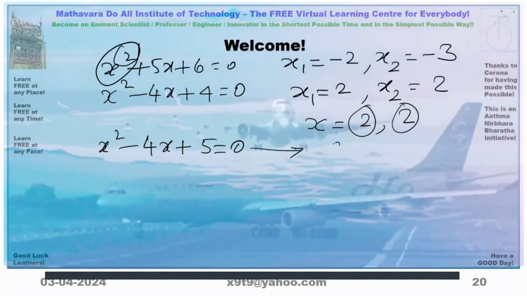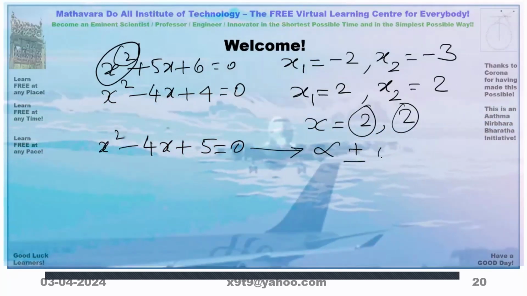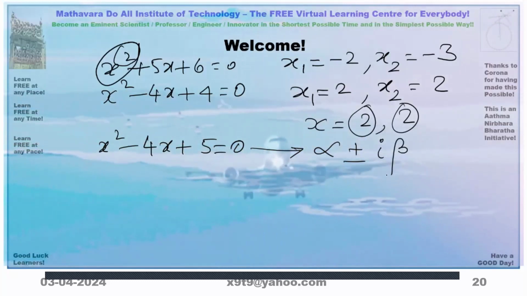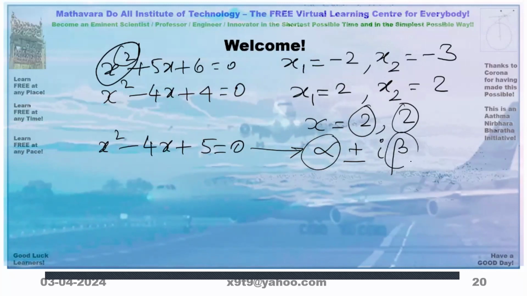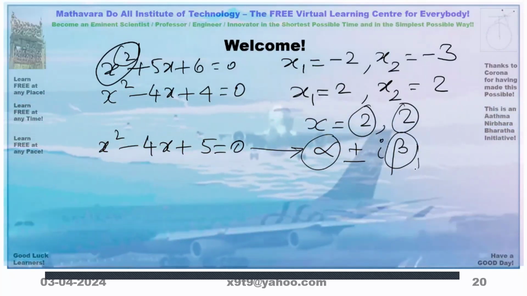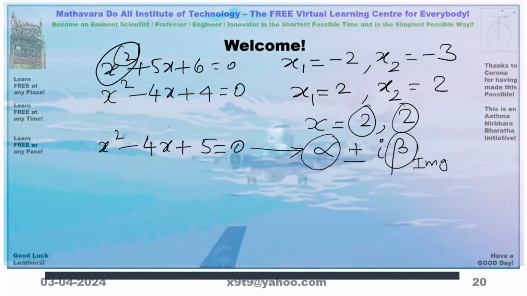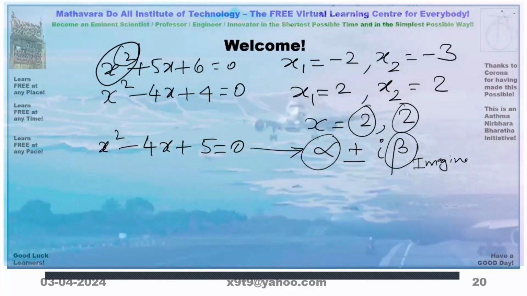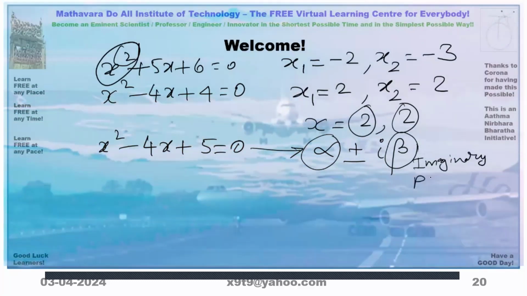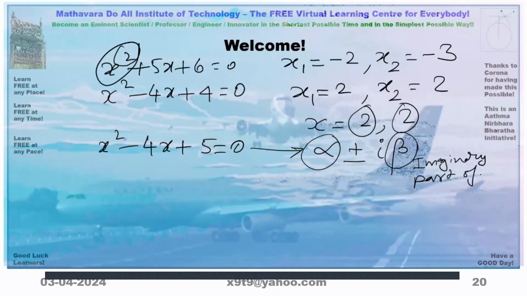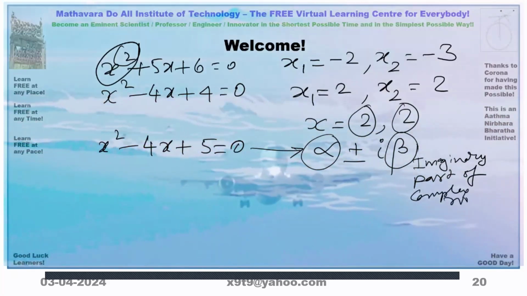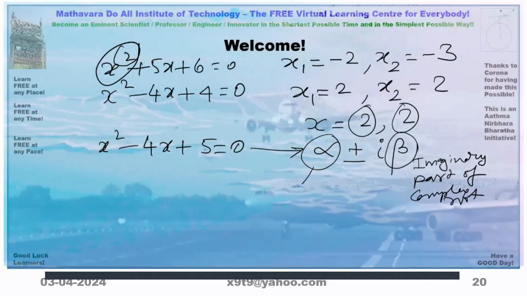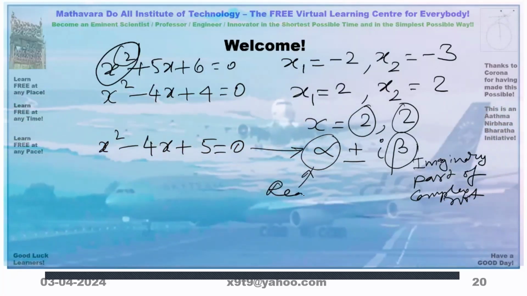This type of thing will have the form of alpha plus minus I beta. So this part is called the real part. This is called the imaginary part of complex roots. This is called the real part.